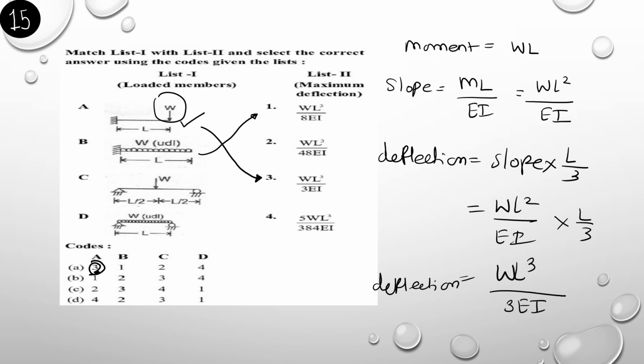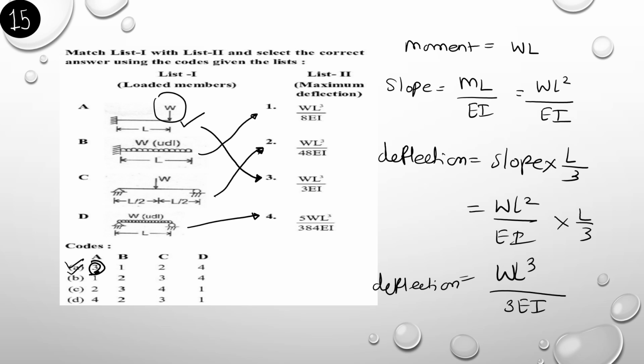Then C, simply supported beam with point load acting centrally, and the deflection is WL cube divided by 48 EI. Then last, simply supported beam with UDL, option number 4 is correct, which is 5WL cube divided by 384 EI. So option 1 is correct here.